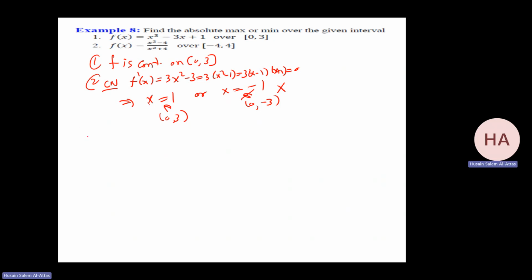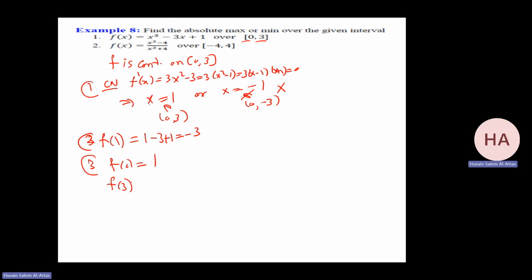Now I check f at the critical number. So I check f at 1. It will be 1 minus 3 plus 1, which is minus 3. Sorry, this is my first step, and this is second. Third step, the endpoints: f at 0, f at 3. F at 0 equal 1.